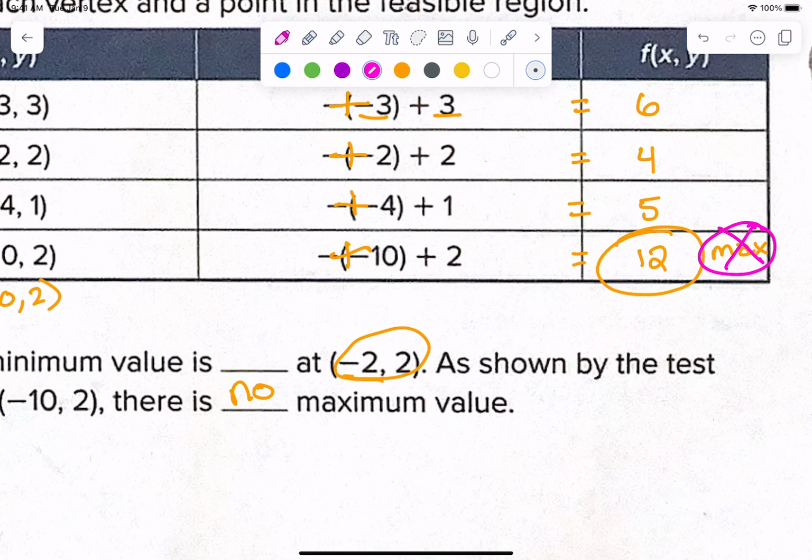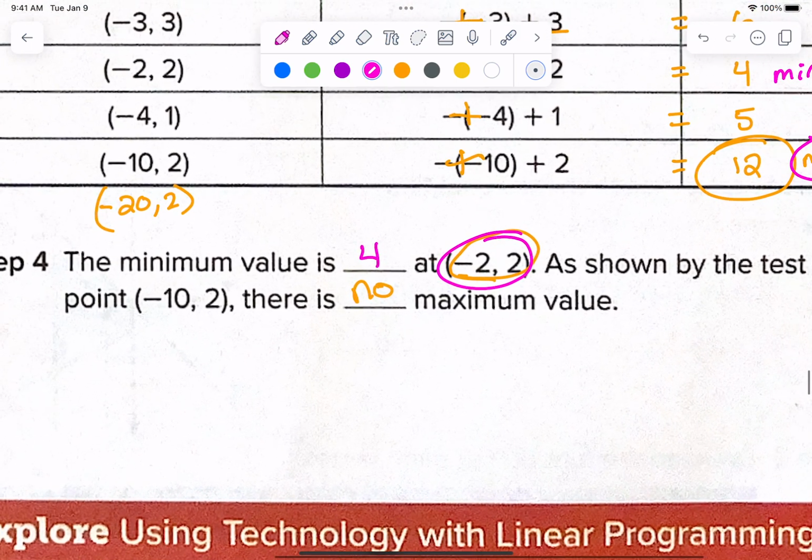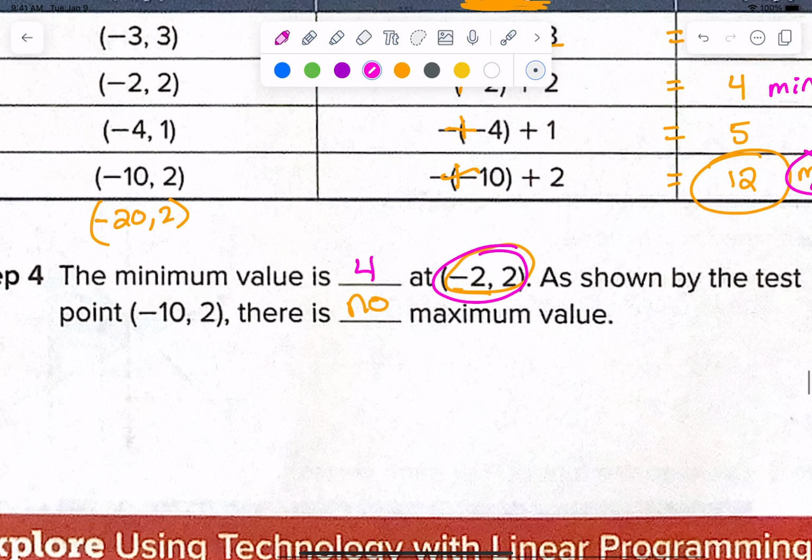Do I have a minimum though? Yes, 4 is my minimum. So the minimum value is 4, which occurred at -2, 2. As shown by the test, the point that we picked gave us 12, which we can't count as our maximum value because it's not an actual point, so it has no maximum value. Do you see how that works? When it's an unbounded region, pick a point and see what that does to your numbers.